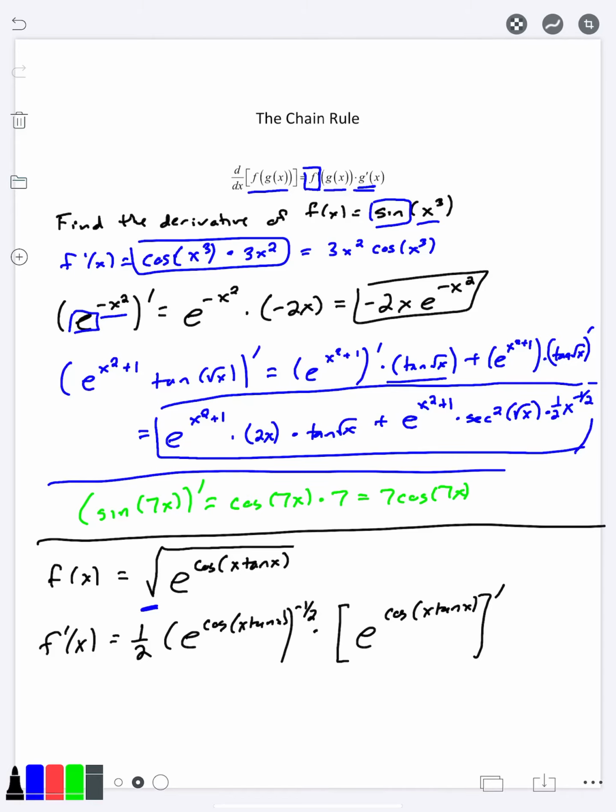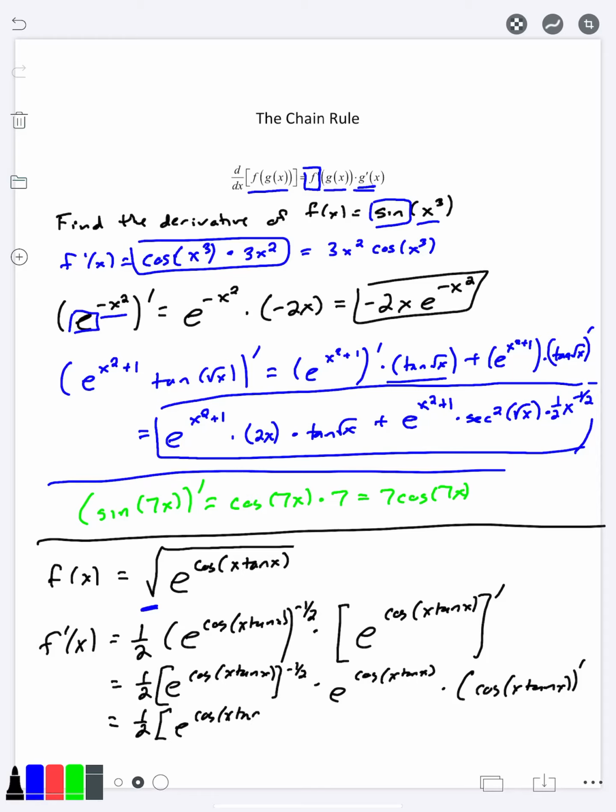That's the first chain rule. Then we're going to take the derivative of the inside part. The outside function of that is e to something. And e to something goes to e to the same thing times the derivative of what's inside. And then the derivative of what's inside there is cosine of something. Cosine of something is going to go to negative sine of the same thing times the derivative of what's inside.